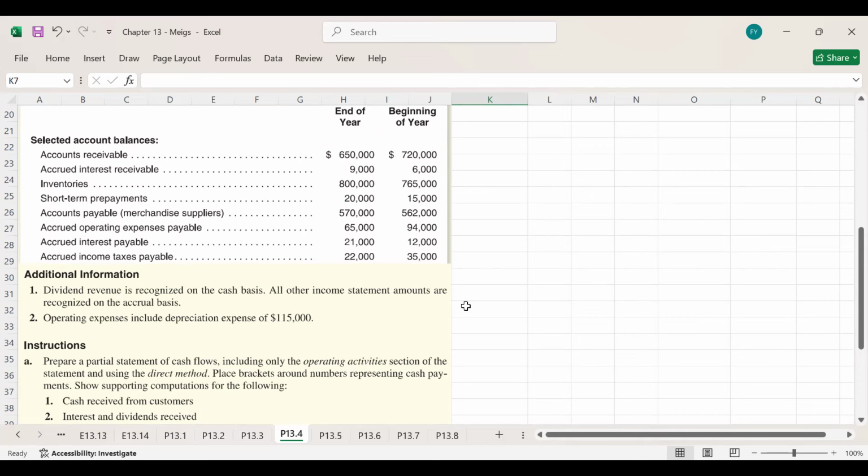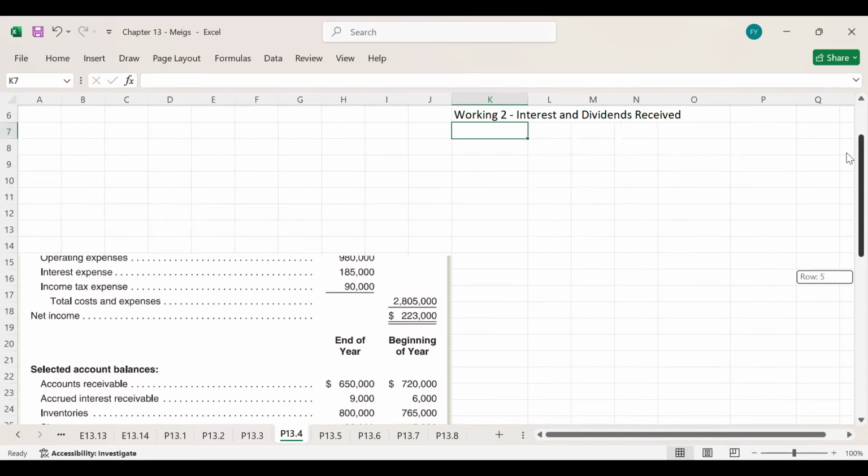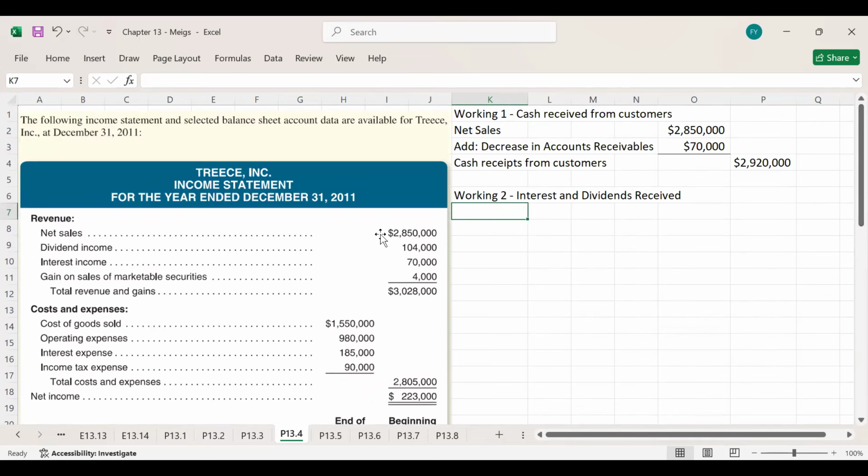So only dividend is recognized on a cash basis. This means that this dividend income, which is 104, is basically cash based. We are going to mention the dividend income as it is, since it is cash basis, so no adjustment is required on this dividend income. So here this is $104,000.